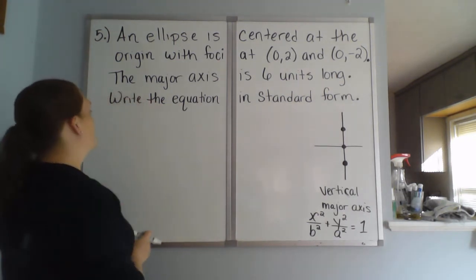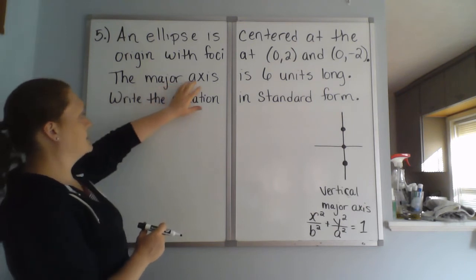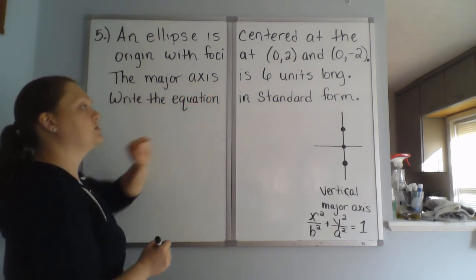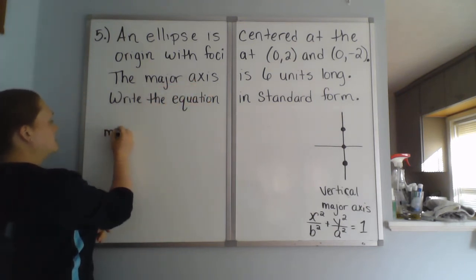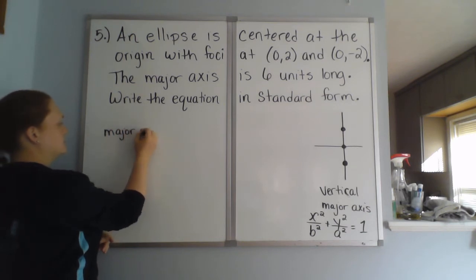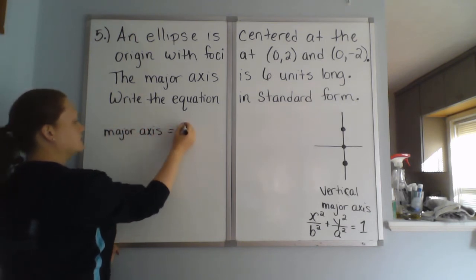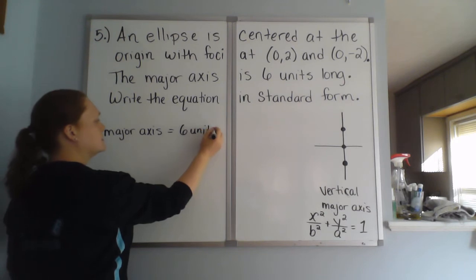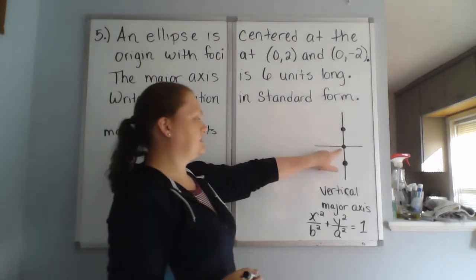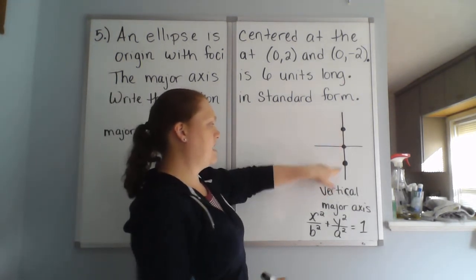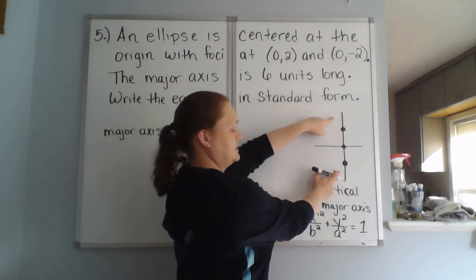Well, we know right here, it tells us that the major axis is 6 units long. So if the major axis equals 6 units, that means from the center up and the center down, that grand total distance is 6 units.